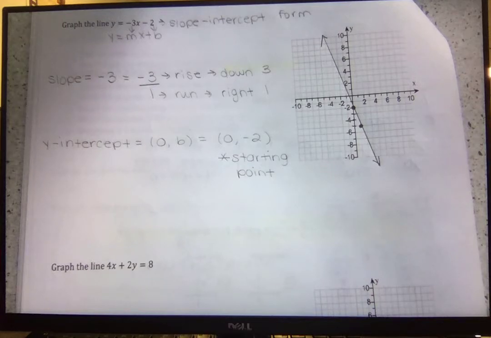So on this side, you're just left with 2y equals negative 4x plus 8. Don't forget the next step. Okay, perfect.